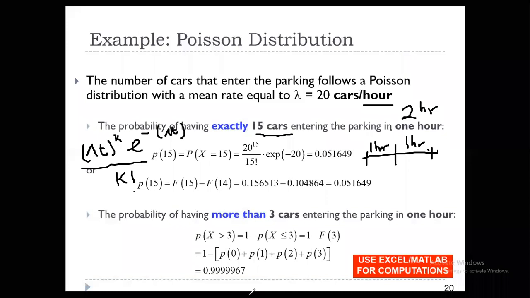Let me see if there is an example there for us to solve.